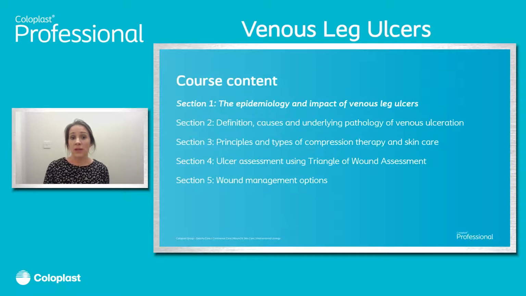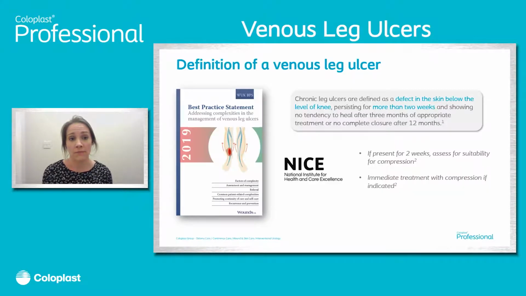So we're going to start by looking at some of the impact that venous leg ulcers can have. And actually, what we need to do before that is look at the definition of a leg ulcer. So a chronic leg ulcer is defined as a defect in the skin below the level of the knee, and that's persisting for more than 2 weeks and showing no tendency of healing after 3 months of appropriate treatment, or no complete closure after 12 months.